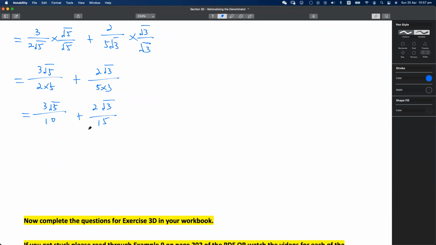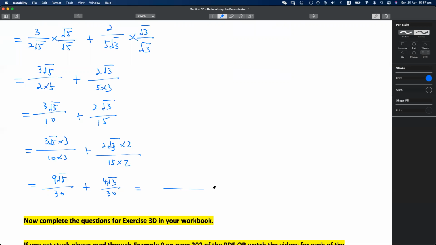To do that, we can make 30. So 3 root 5 times 3 over 10 times 3 plus 2 root 3 times 2 over 15 times 2 to make the denominator 30. So 9 root 5 over 30 plus 4 root 3 over 30. And now you can combine the two fractions to make the final answer: 9 root 5 plus 4 root 3 over 30.